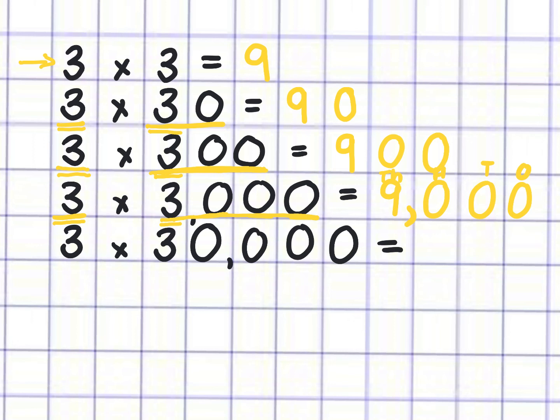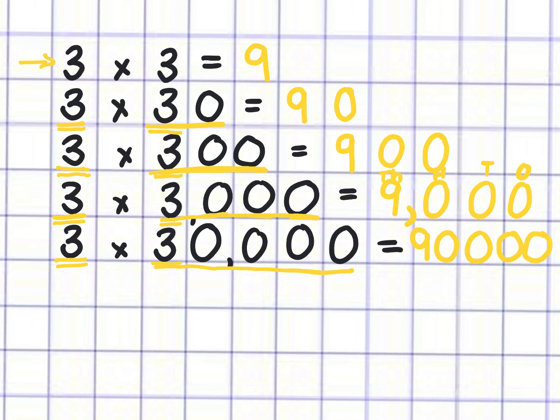So let's do the last one. 3 times 3 here, but I also have 3 times 30,000. Again, using the same method, I know what 3 times 3 is. I know it's 9. But I actually have 3 10,000s. So I need to make sure I'm adding that place value holder at the end.